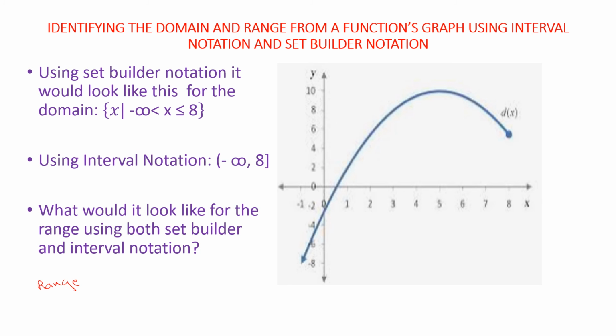We can say the range in set builder is equal to the set of all y's such that y must be greater than negative infinity, and y should be less than or equal to 10. Obviously, this is the set builder notation.